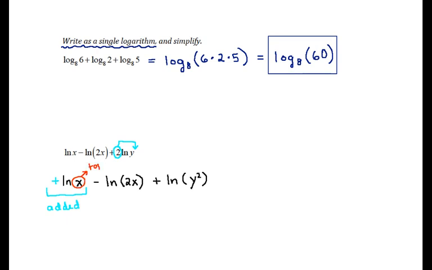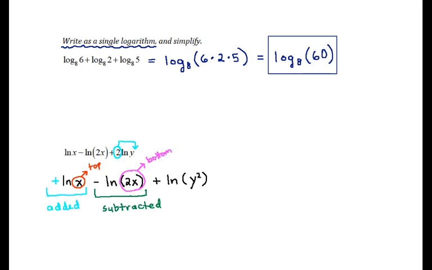I'm just going to write top because it's a little bit shorter. If the whole logarithmic term was subtracted, then its argument goes into the denominator of the input to the log, or the bottom.